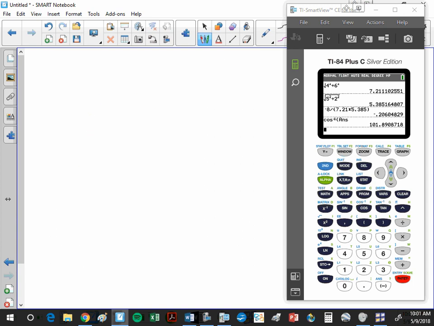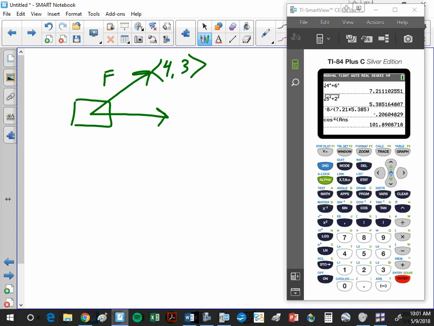So if I had a weight and I pulled it in this direction with a force vector of 4, 3, and I moved it along a vector 8, 0, how much work did I do? But let's say I'm pulling in pounds, and I moved a distance in feet.